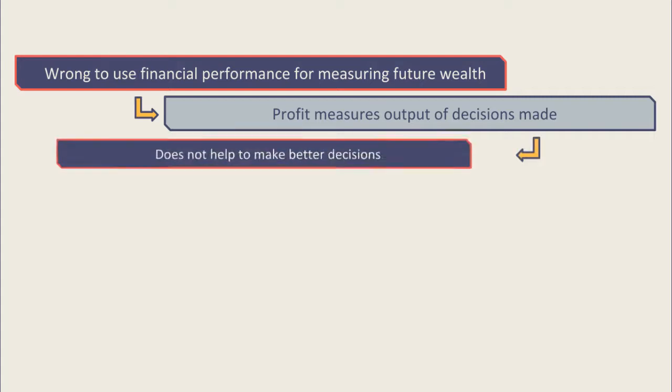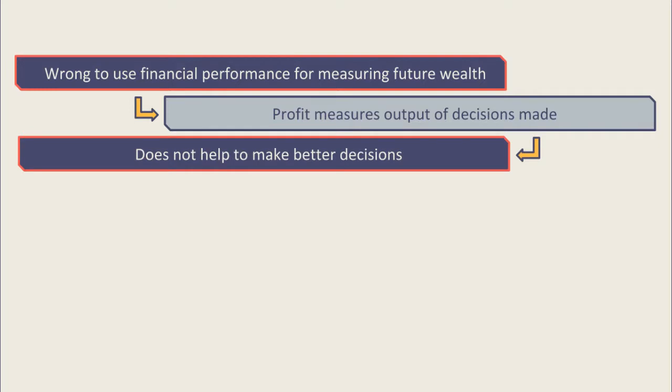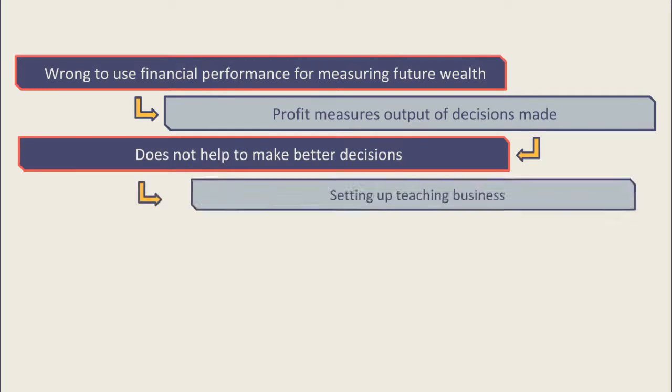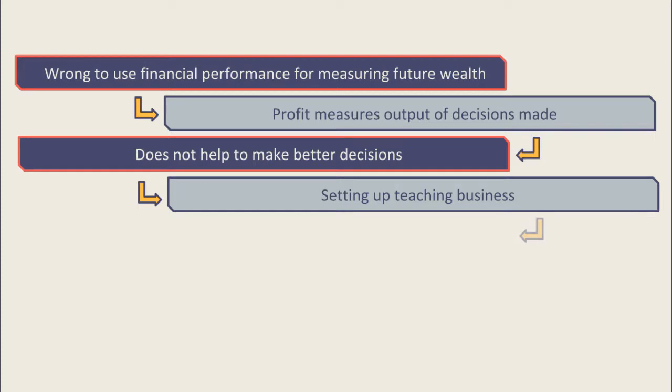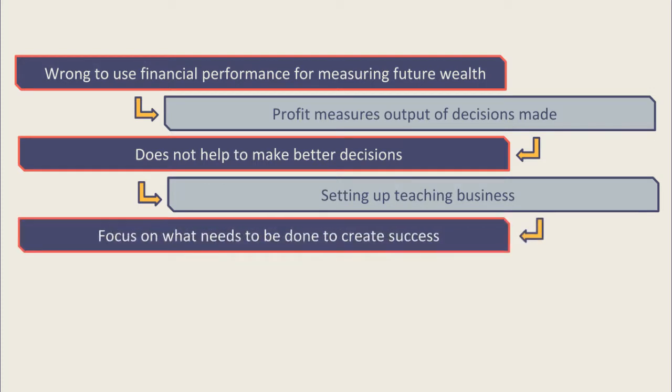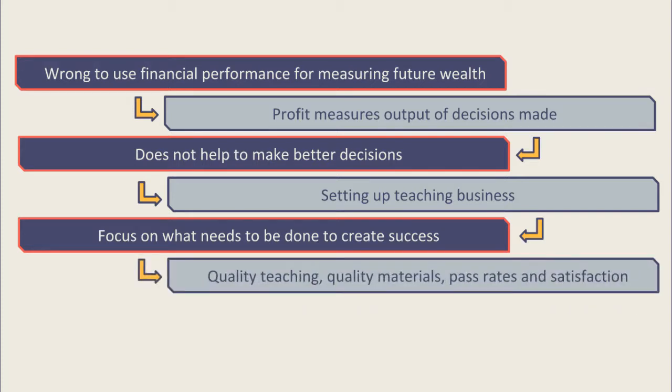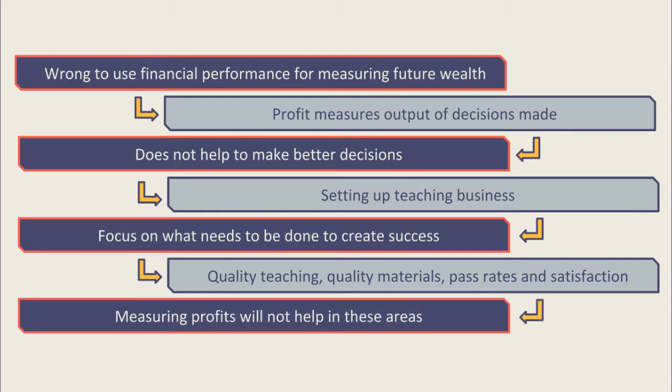It doesn't help you to make better decisions in the first place. If I were to set up a teaching business, I would want to focus on what needs to be done well in order for that business to create success. For example, quality teaching, quality of materials, things that drive exam pass rates and student satisfaction. If I do these things right, then profits will follow, but measuring profits will not help me to do these things better.